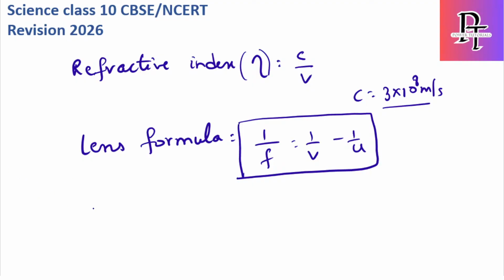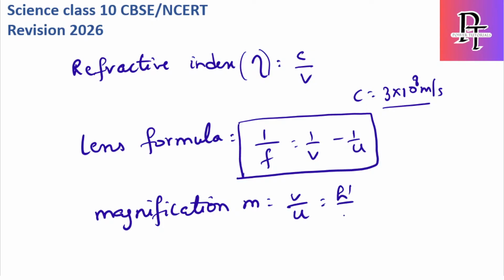And then we have magnification for lens. The magnification formula for lens is v by u or h dash by h. Here, in a similar way to how I explained for mirrors, f is negative for a concave lens and f is positive for a convex lens.